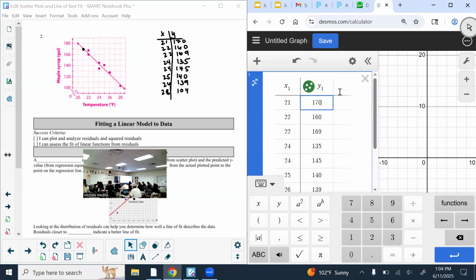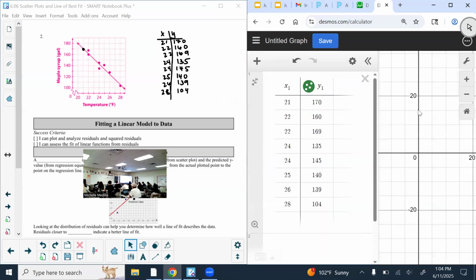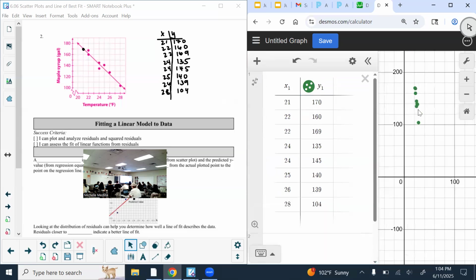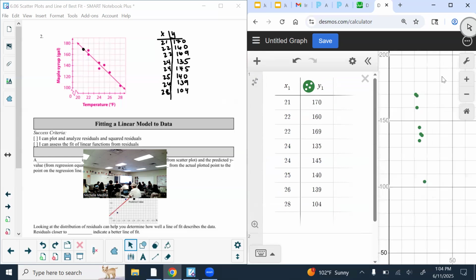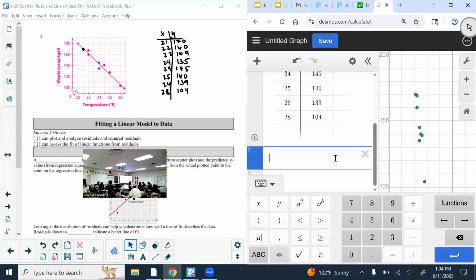Okay, so there's my data. If I zoom out, I can see it plotted over here. In a different cell, I'm going to type in what'll make the line down the middle. So, Jenny, what do I need to type in here?